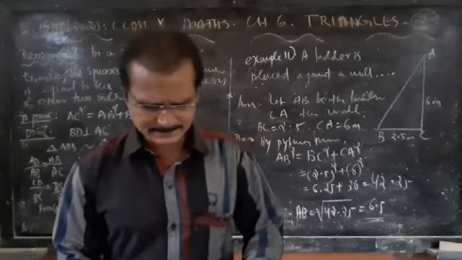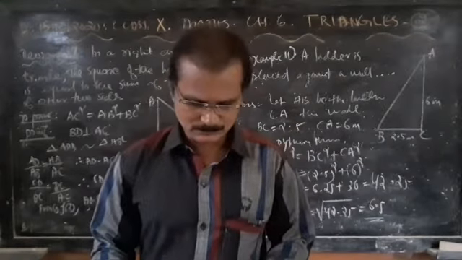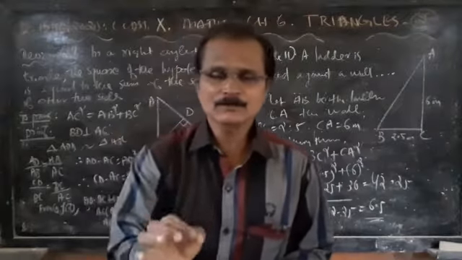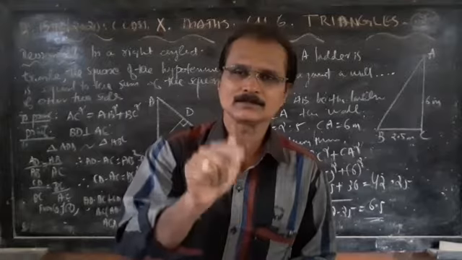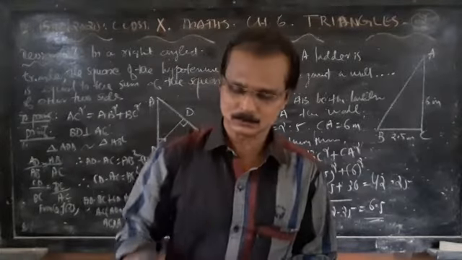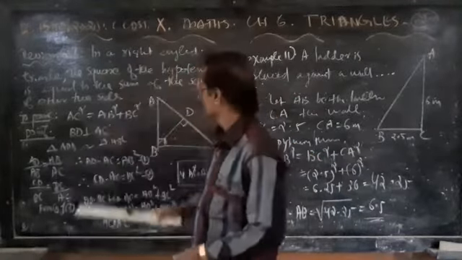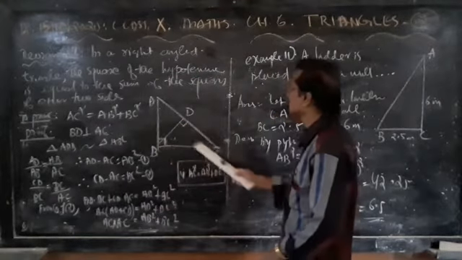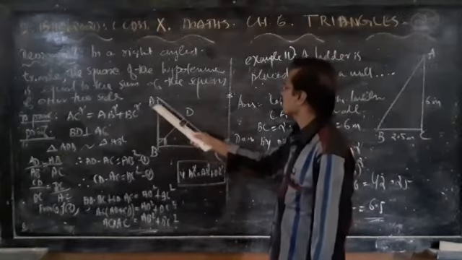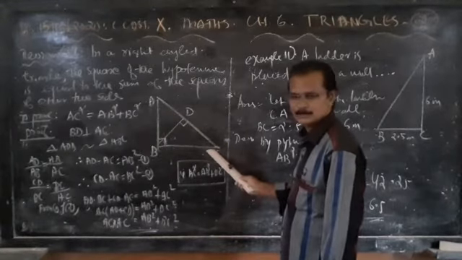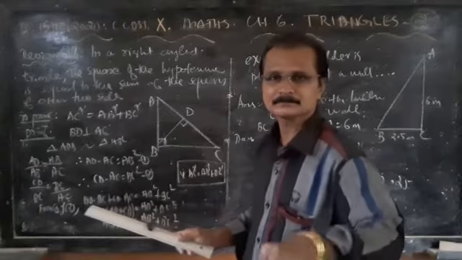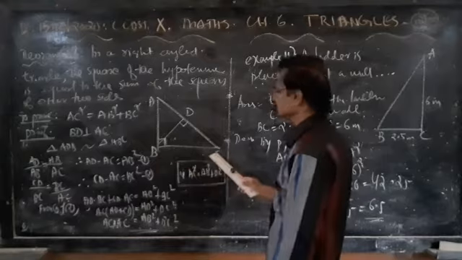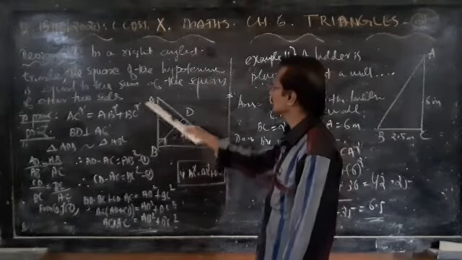In a right angle triangle, the square of the hypotenuse is equal to the sum of the squares of the other two sides. Listen here: in right angle triangle ABC, three sides are there, AB, BC and AC. The longest side AC is called the hypotenuse, BC is called the base, and the third side is AB.